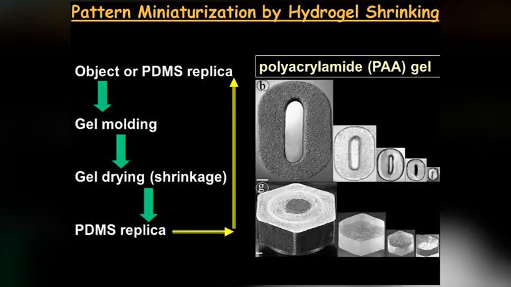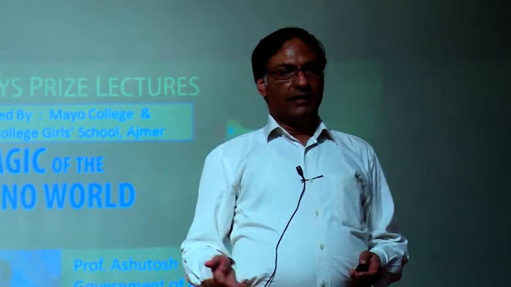So here you go. This actually shows the actual experiment. If you want to make something, a nut bolt or whatever it is, on a small scale, then you make an object, a replica of an object, gel molding, gel drying, then make another replica and repeat the process. Right? Fantastic.